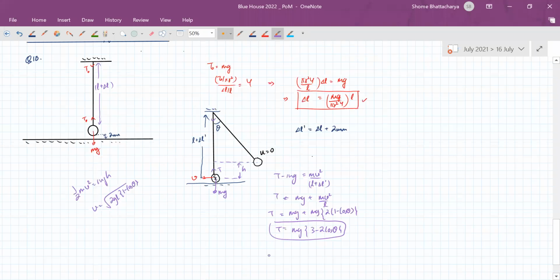So the new value of delta L prime will accordingly become this, and this should be equal to the other expression, so you compare this with this.